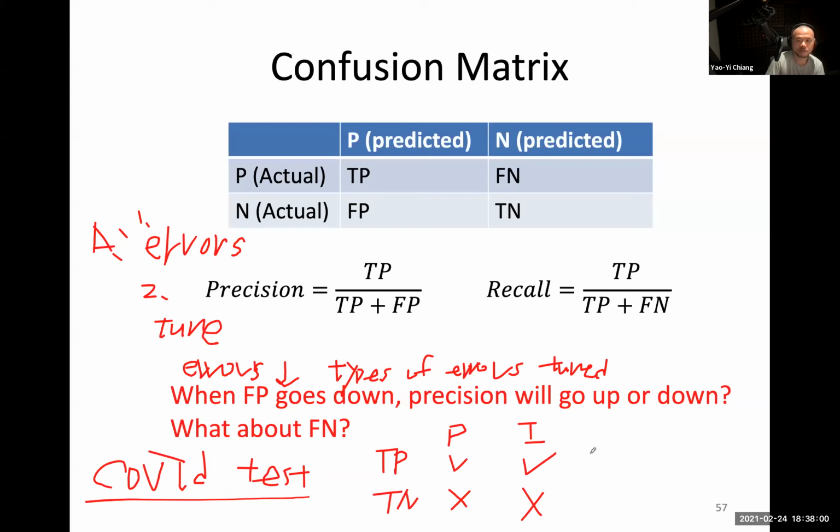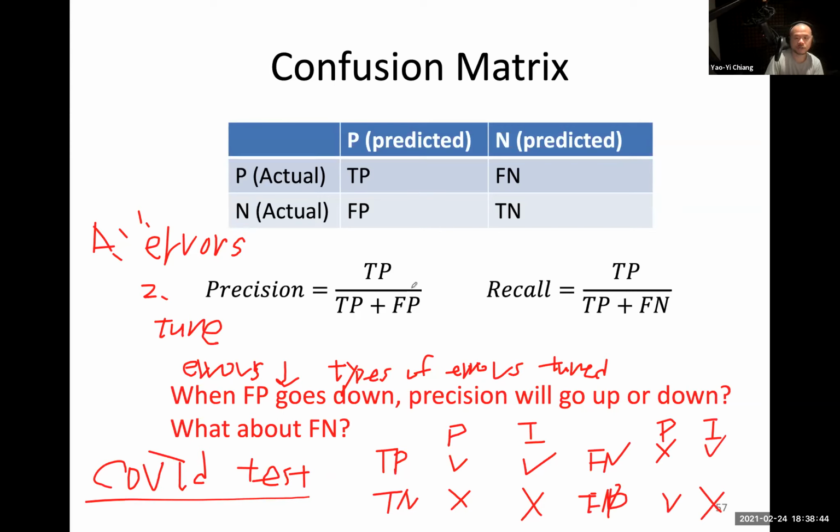What is a false negative? A false negative is you predict negative, but you're actually infected. And false positive is the test says you're infected, but you're actually not infected. Okay, so you can have 4 cases.